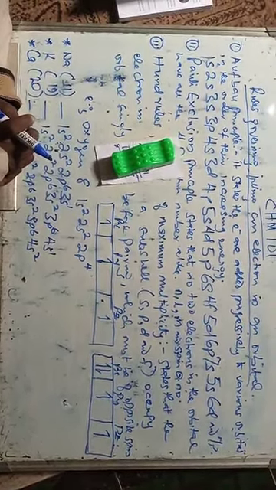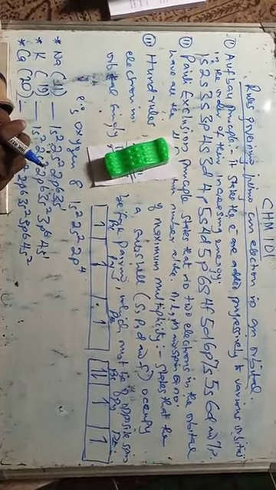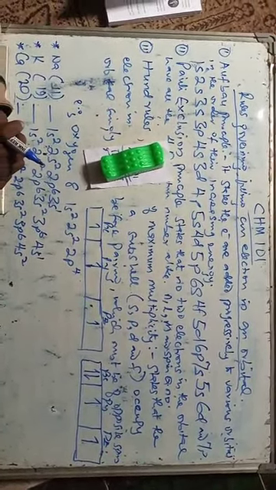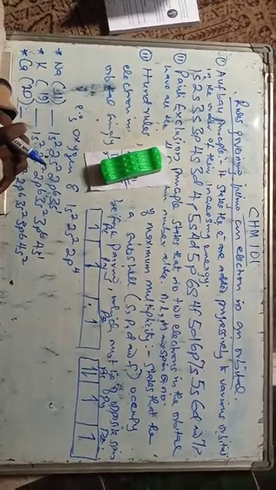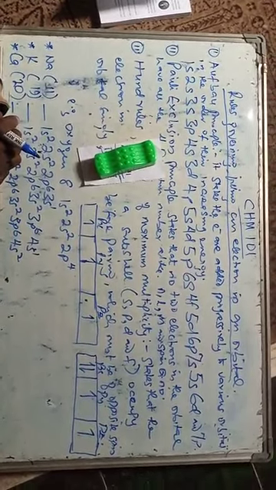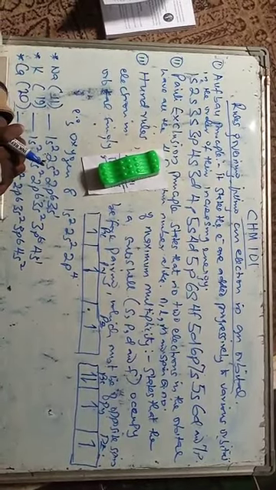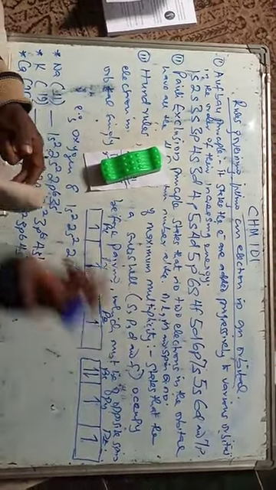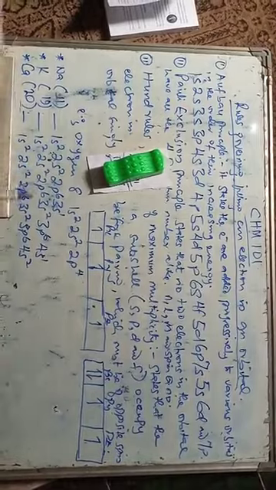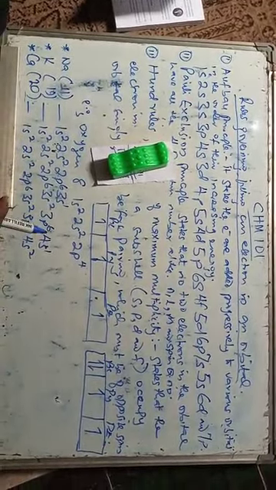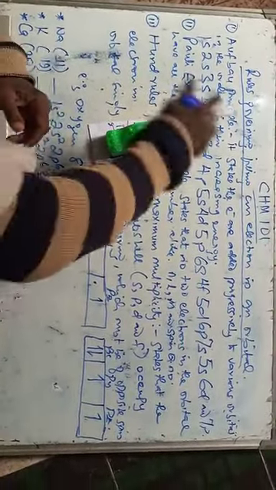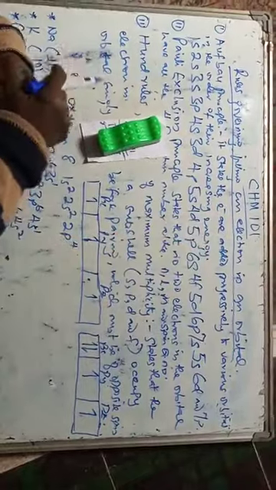In our last lecture, we were able to identify the four quantum numbers: the principal quantum number, n, the azimuthal or Sommerfeld quantum number, l, the magnetic quantum number, m, and the spin quantum number, s. Today we are going to look at the rules governing the filling of electrons in an orbital.